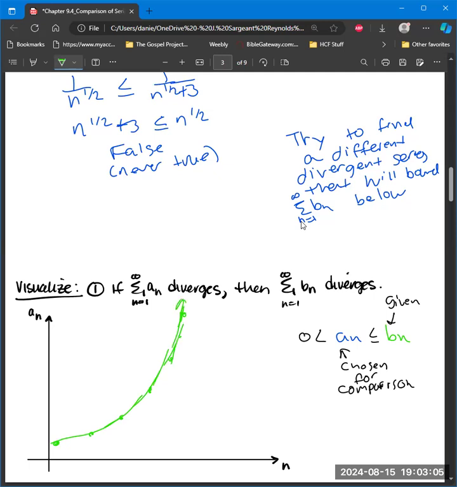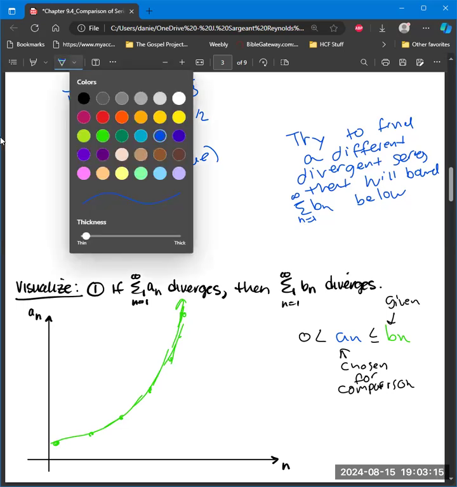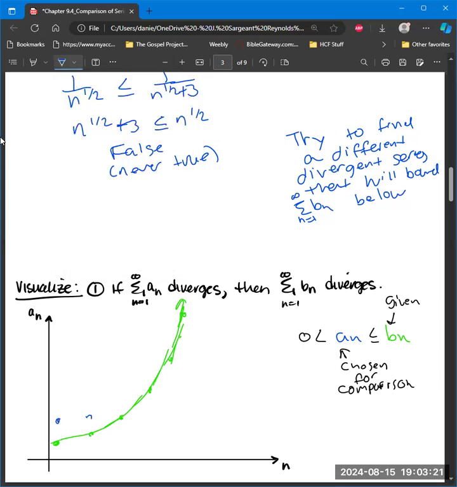Now we want to find an an that maybe isn't always below the green line, but maybe we can find it where like this, trying to keep these dots lined up here.